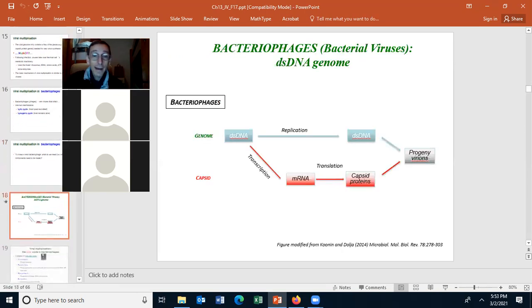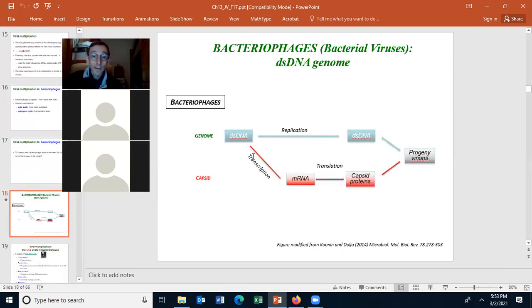DNA. Yeah, viruses have a genome, and so we need to replicate that genome. If the virus is a double-strand DNA virus, we have to replicate that double-strand DNA to make new copies of the double-strand DNA viral genome. And this will occur for whatever the viral genome is, like double-stranded RNA. Well, we still have to replicate it, but it's a little more complex. That's why I'm showing double-strand DNA, because I'm not meaning to be complex here. We just need to replicate the viral genome.